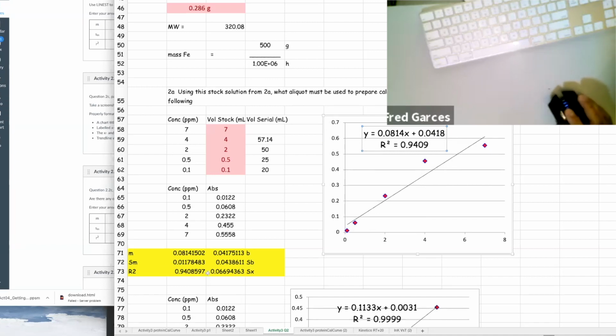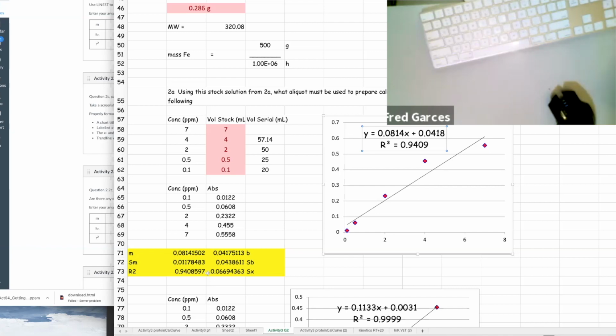The reason why I want to see the standard deviation of your slope and your intercept is because it tells me how far off you are. Remember that the slope tells you your rate constant in most of these things. So it tells me the error in your rate constant. That's why I want to see the standard deviation of your slope. But don't worry about it for now.